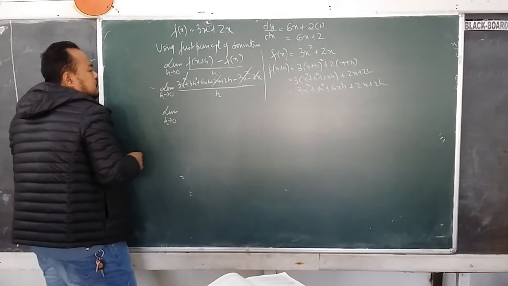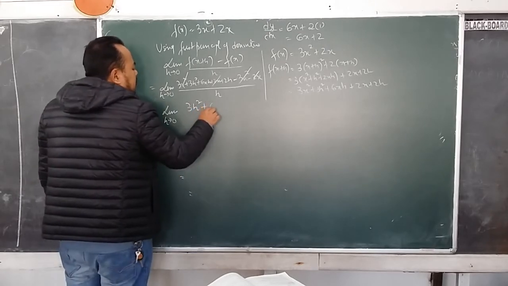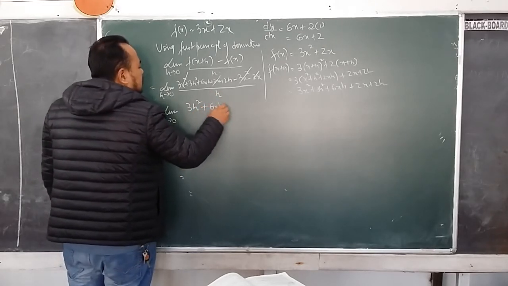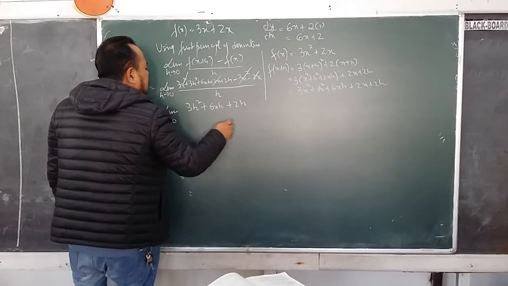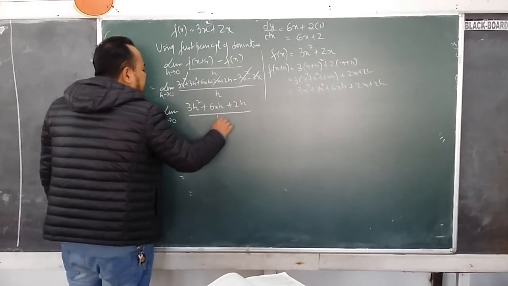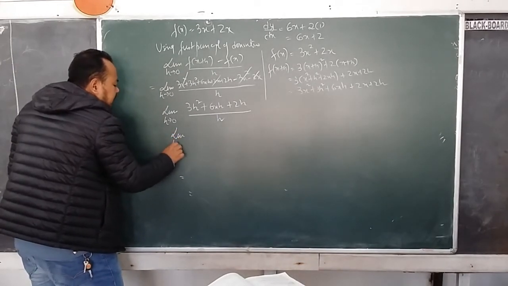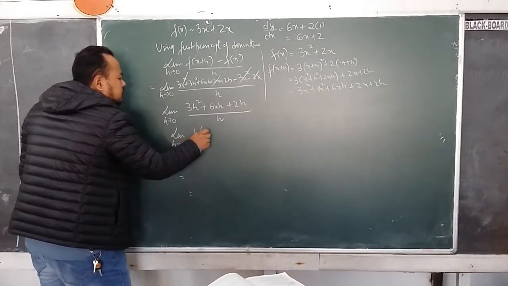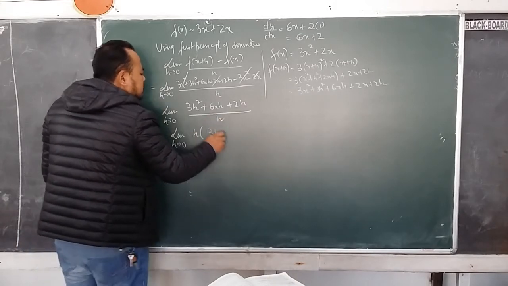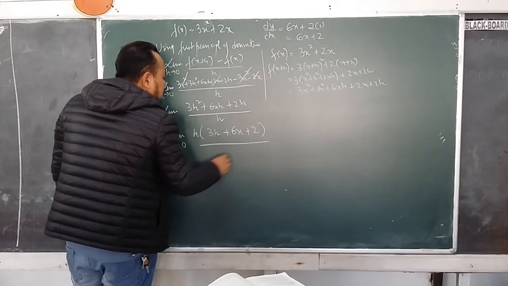Limit h tends to 0, so you are left with 3h square plus 6xh plus 2h, divide the whole thing by h. So when you take h common, you get h times 3h plus 6x plus 2, divide the whole thing by h.